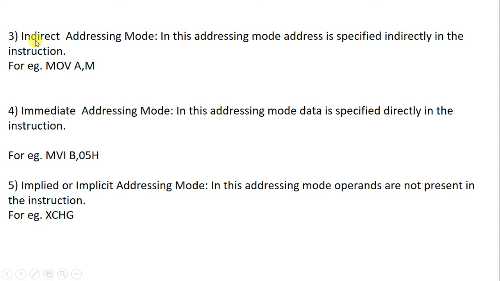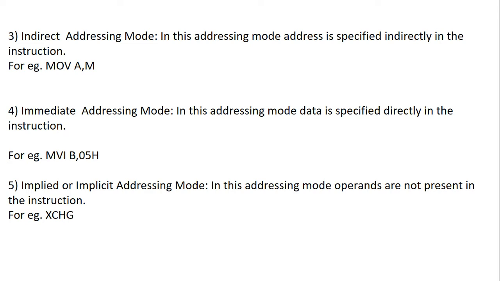The third one is indirect addressing mode. As we have seen in direct addressing mode, the address is specified directly in the instruction. Indirect addressing mode means the address is specified indirectly in the instruction. Now what do we mean by indirectly? Here it is written MOV A, M. M is nothing but the memory.